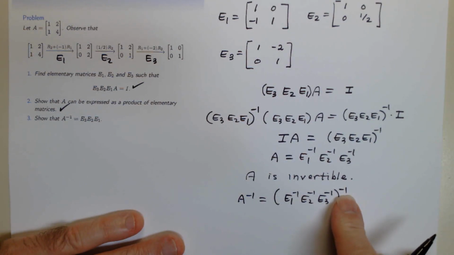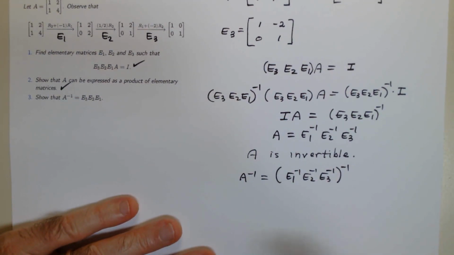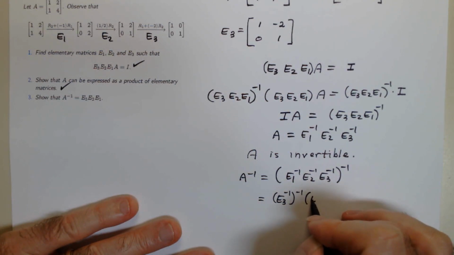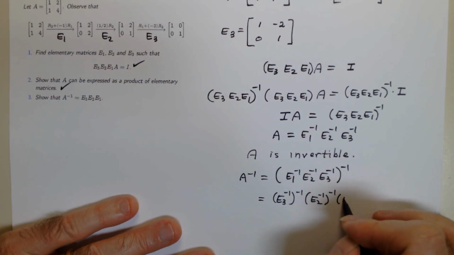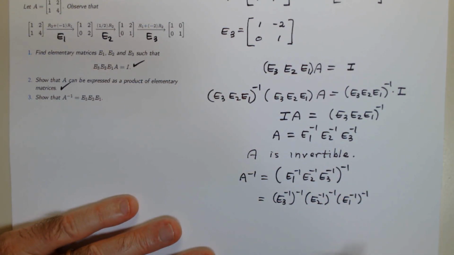And now I'm going to use my inverse rule on products once again. I can apply the inverse to the parts, provided I reverse the order of multiplication. And so this is E3 inverse inverse, E2 inverse inverse, and E1 inverse inverse.